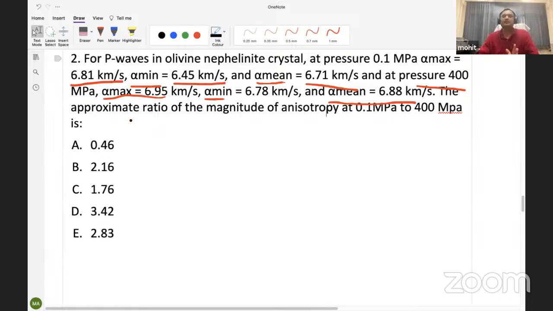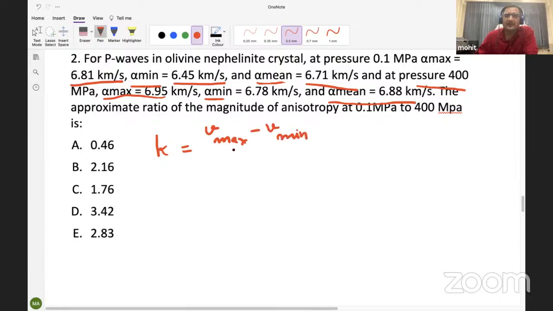So we are required to find the ratio of the magnitude of anisotropy. The magnitude of anisotropy is given by small k, equal to V max, the maximum velocity in the crystal, minus the minimum velocity in the crystal, divided by the mean velocity of the wave in the crystal.